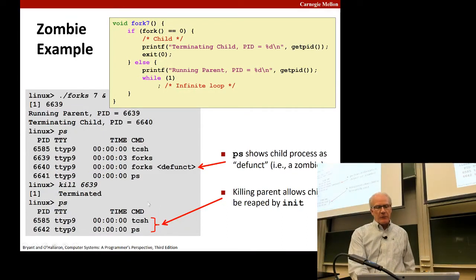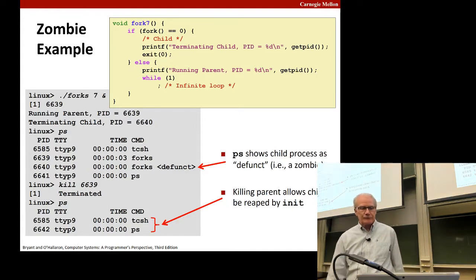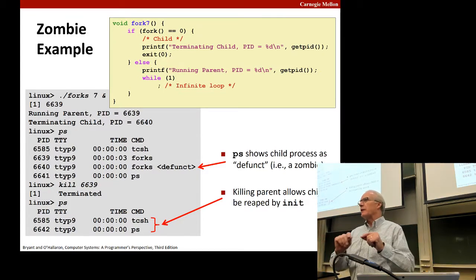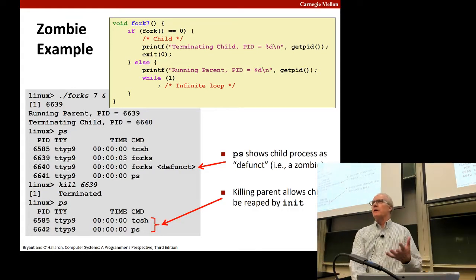So by killing the parent, it also knocked out this zombie child. That's what I mean, that from a programmer's perspective, this is only an issue if the parent were something like a server, which could run for an indefinite amount of time and could create a bunch of children that don't get reaped.